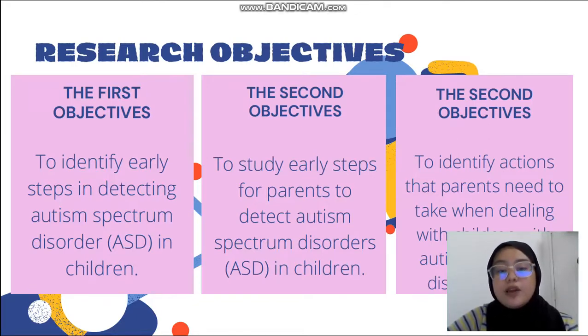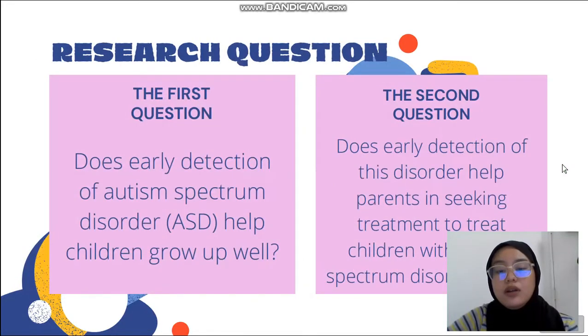The second objective is to study early steps for parents to detect autism spectrum disorders in children. And the third objective is to identify actions that parents need to take when dealing with children with autism spectrum disorders.